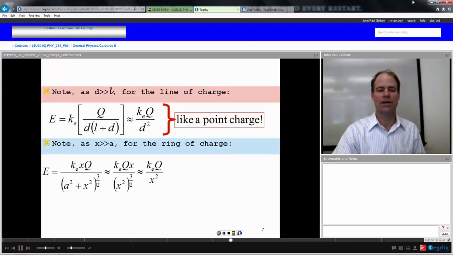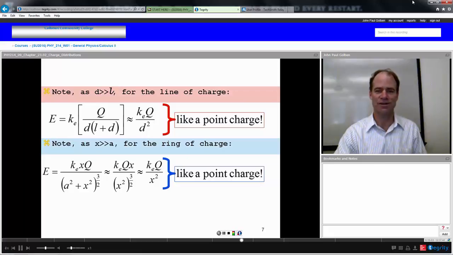And if we get really far away from the ring of charge, such that x is much bigger than the radius of the ring, a, then in the denominator here, x squared will be much bigger than a squared. So I'll have x squared to the 3/2 power, which would just be x cubed, and then have an x in the numerator, so one of the x's will cancel out. And I get that if I get really far away, my E field approaches kq over x squared, which is also like a point charge.